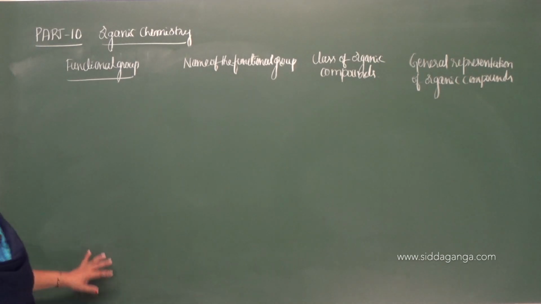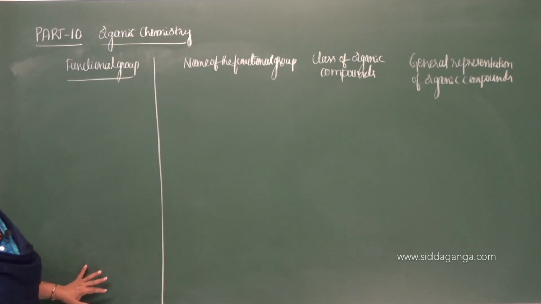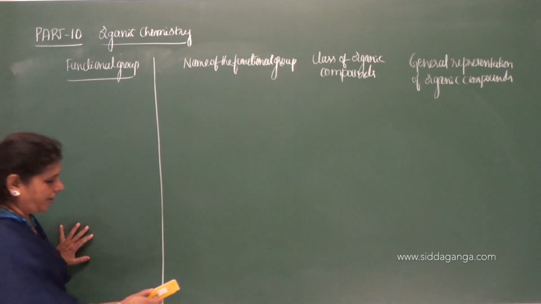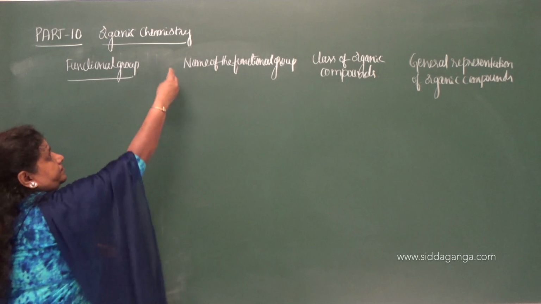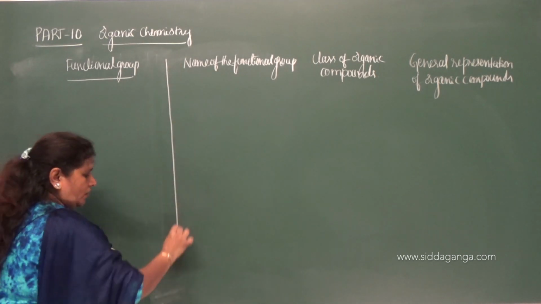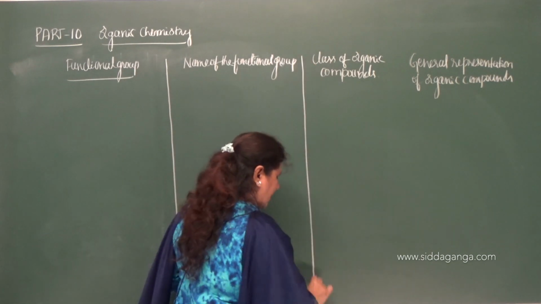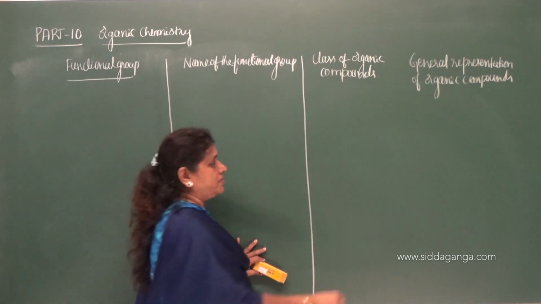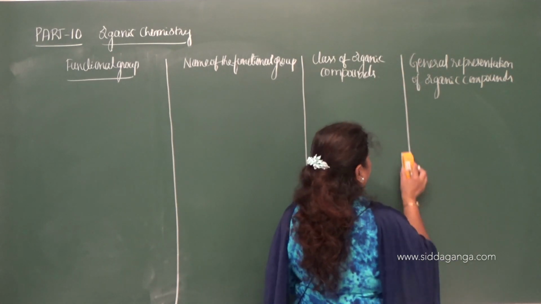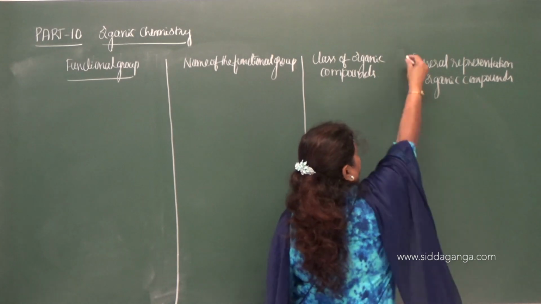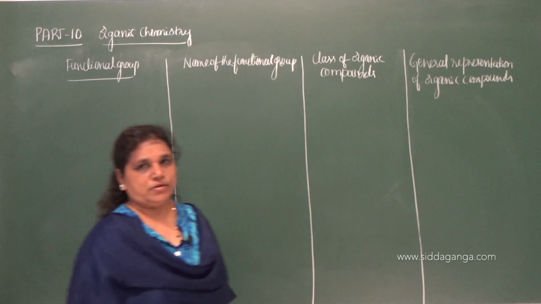So make four columns, and in the first column you have to write the functional group. In the second column you have to write the name of the functional group, and in the third column you have to write the class of organic compounds the compound belongs to.